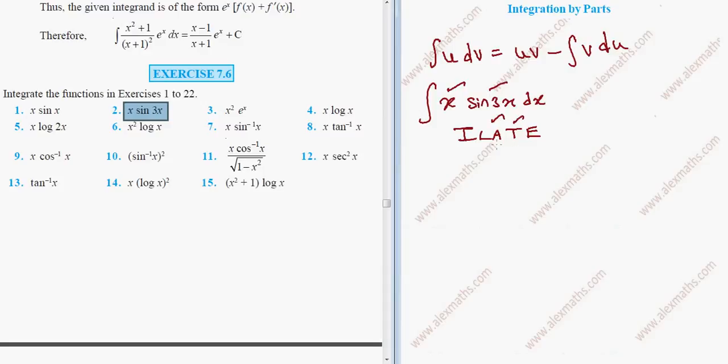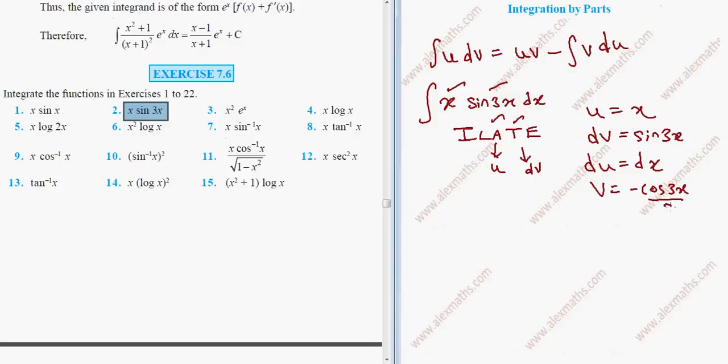So put a tick. What comes first in the order of ILATE is u and the next is dv. So from this we know u is equal to x and dv equal to sine 3x. From u I can differentiate and get du, that is dx. From v I have to integrate and get v, that is minus cos 3x by 3.